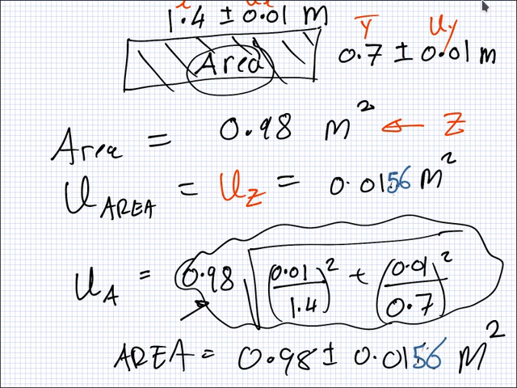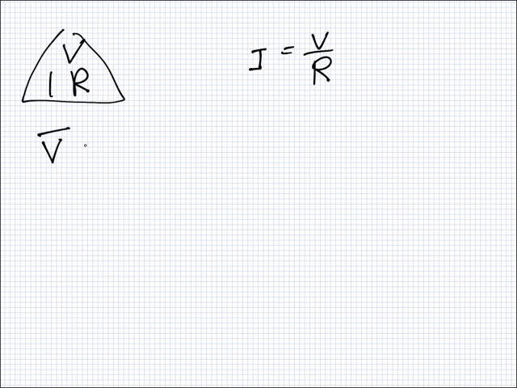Okay, can I scroll down? You remember the triangle VIR? So for example, I would equal V over R. So suppose I tell you that you measured the voltage to be 2.1 volts, plus or minus 0.05 volts.